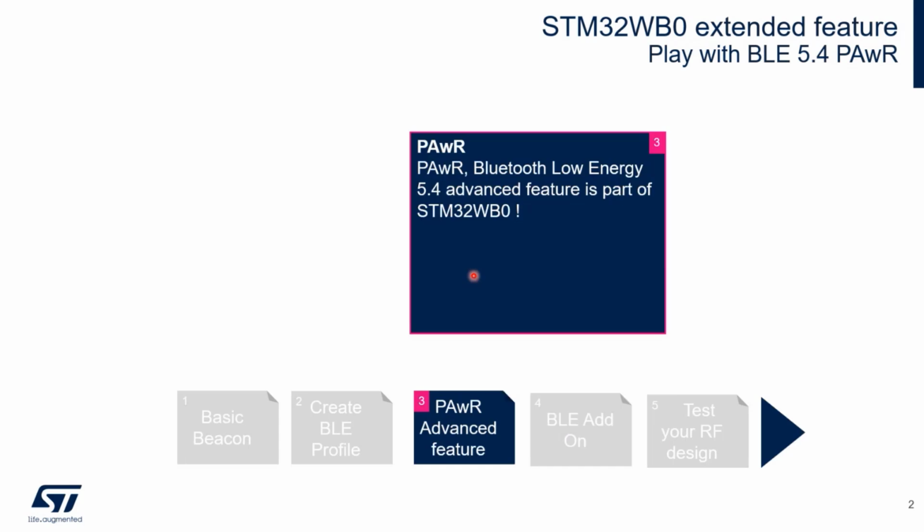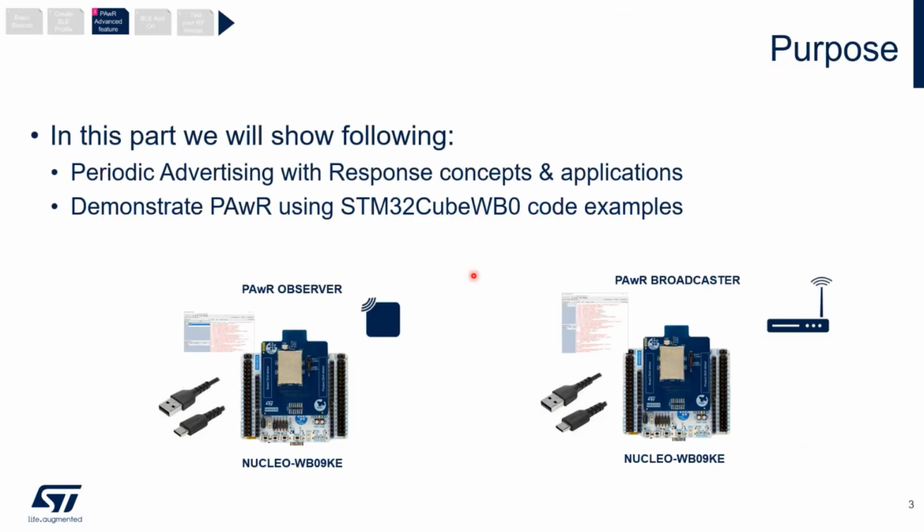The idea here, on top of emphasizing that yes, STM32WB0 is targeting low-end, low-power applications, is that in terms of BLE it is targeting the high-end, state-of-the-art specification, with support of 5.4 and this periodic advertising with response.